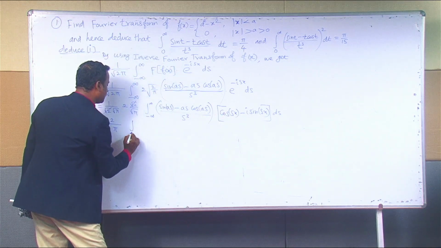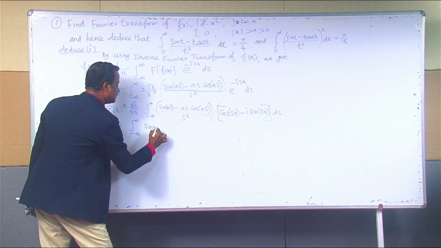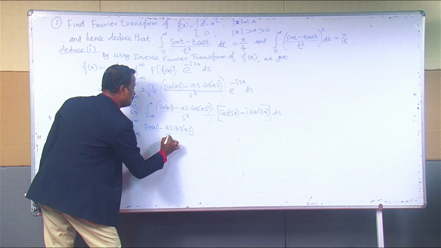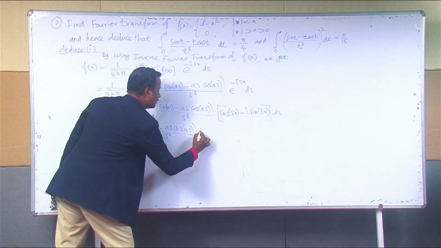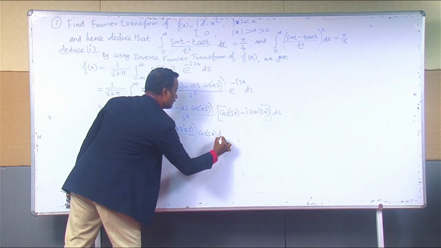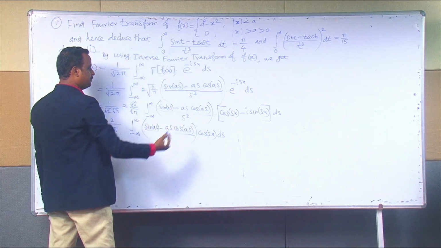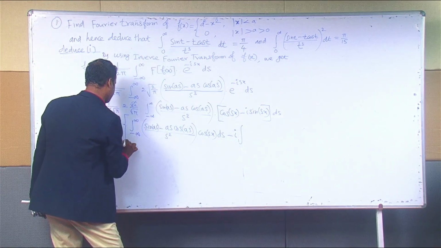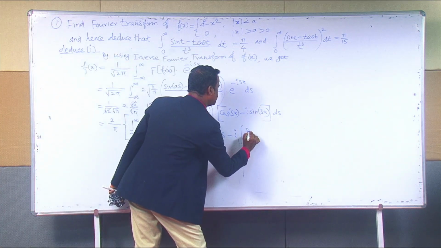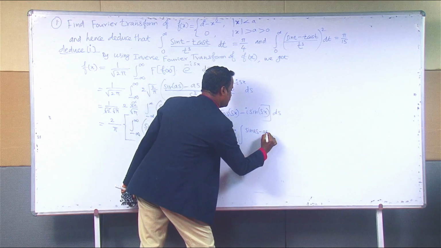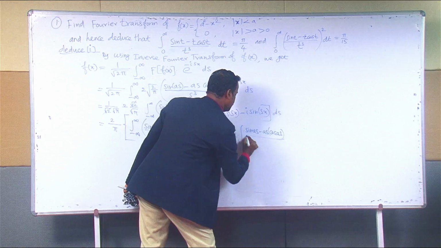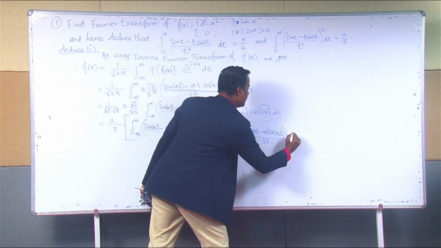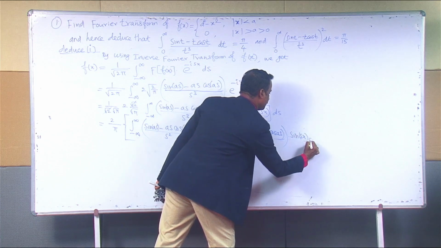The first part we can write as integral minus infinity to plus infinity of sin as minus as cos as divided by s cube into cos sx ds, and we can split the second part as minus I into integral of sin as minus as cos as divided by s cube into sin sx ds.